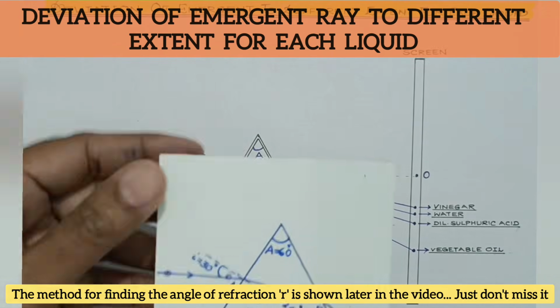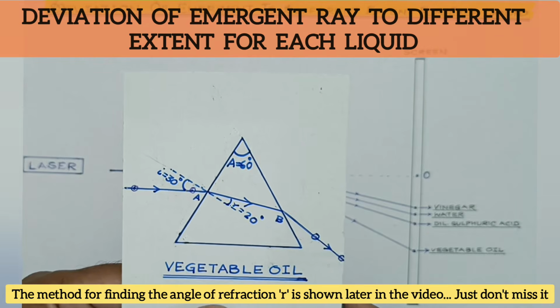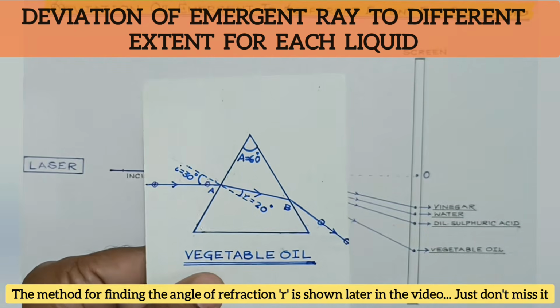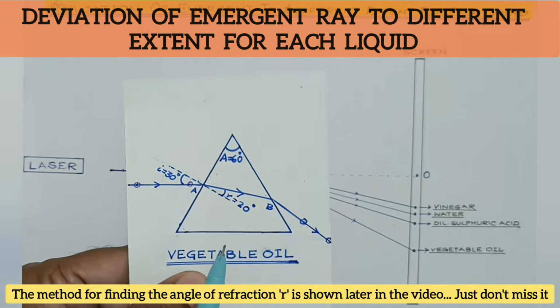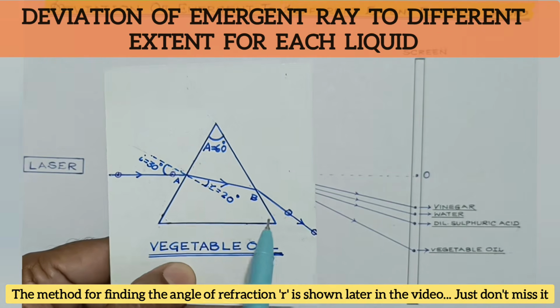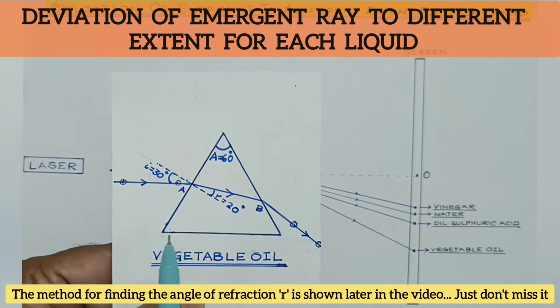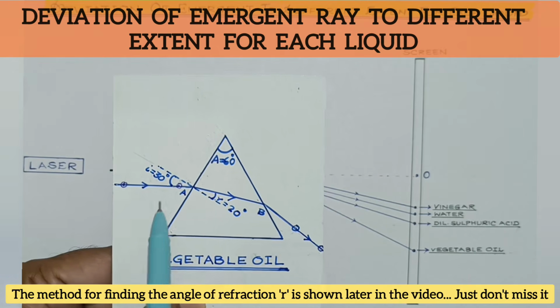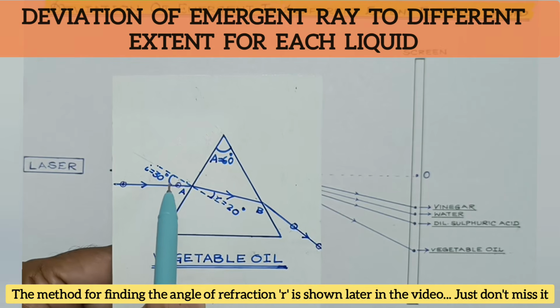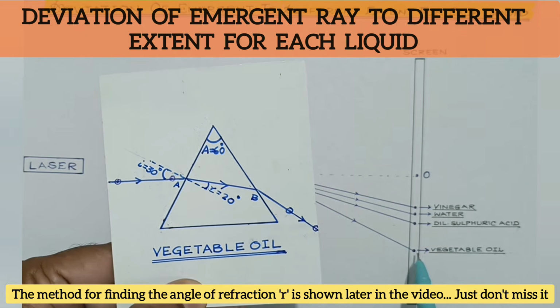And lastly, students, I've also used this vegetable oil, right? In this case, it is having slightly greater refractive index than that of dilute sulfuric acid. So when I did this experiment by filling the hollow prism with vegetable oil and making the ray of light incident at an angle of 30 degree, then the spot is found to be obtained somewhere over here.